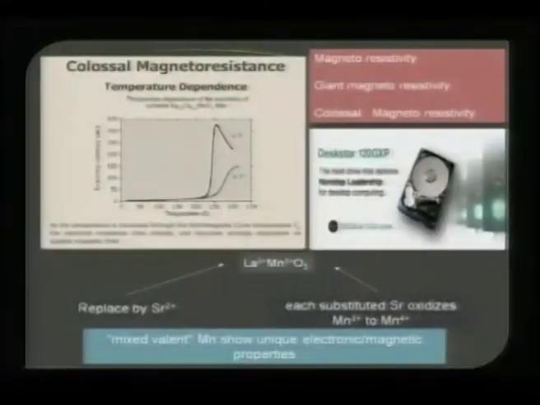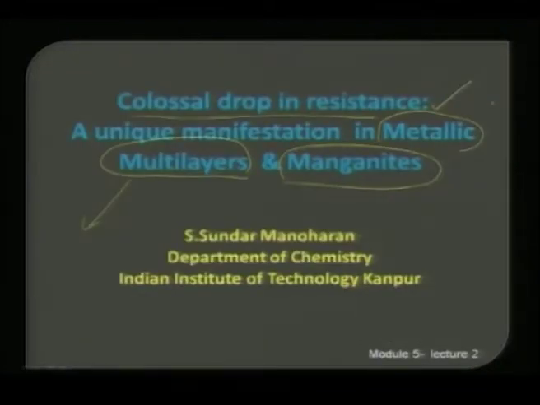So quickly let me go through and tell you about the last lecture in brief. Here we told that the GMR oxide or colossal magnetoresistive manganese shows loss in resistance at the Curie temperature if you apply a very high field, and this can be used for magnetoresistivity or giant magnetoresistivity or colossal magnetoresistivity.